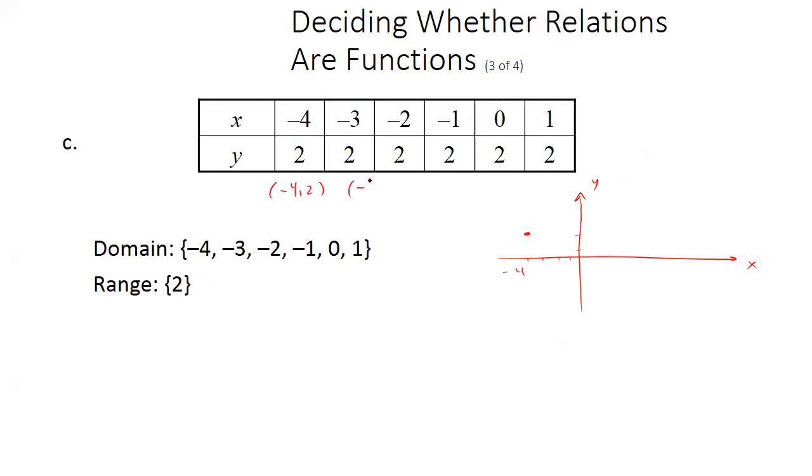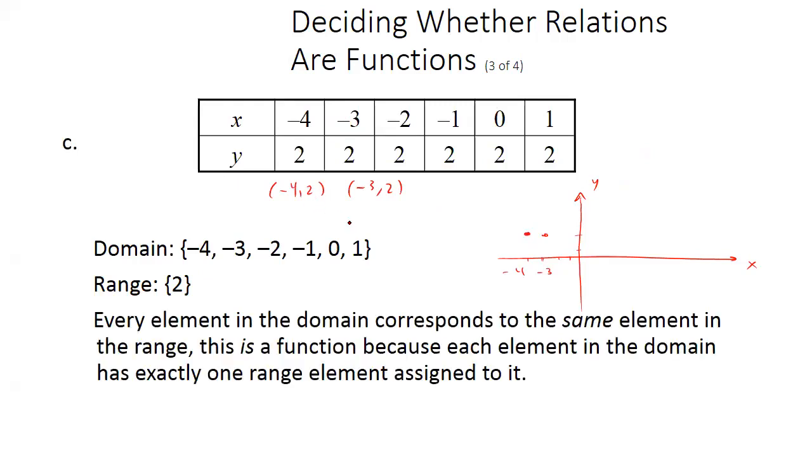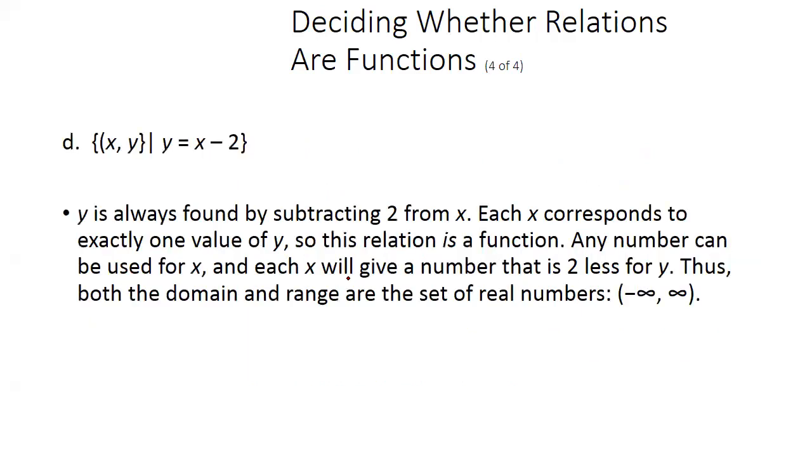The next one would be -3 and 2. -3 and 2 would be right here. Are these points on top of each other? No, they're not right on top of each other. In other words, if you compare these ordered pairs, the first number doesn't repeat. As long as the first number doesn't repeat, it's a function. The second number is okay to repeat itself, but not the first one. Okay, so this would be considered to be a function.